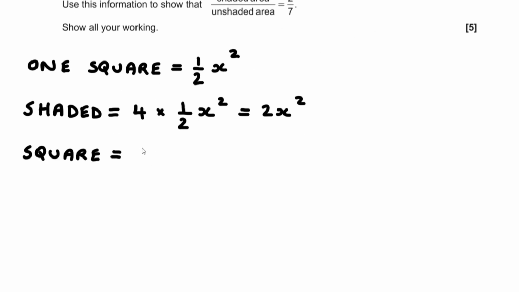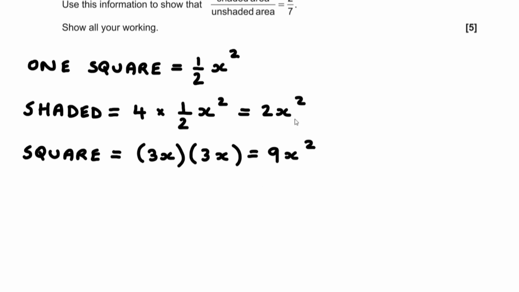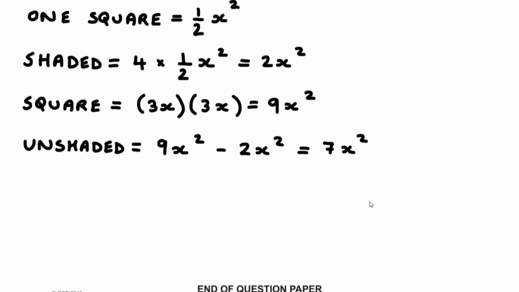The area of the square is 3x multiplied by 3x, which is 9x squared. We can now find the unshaded area by subtracting the shaded area from the square. So the unshaded is 9x squared, subtract 2x squared, which is 7x squared.